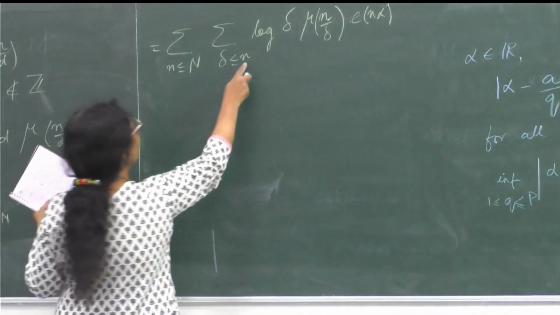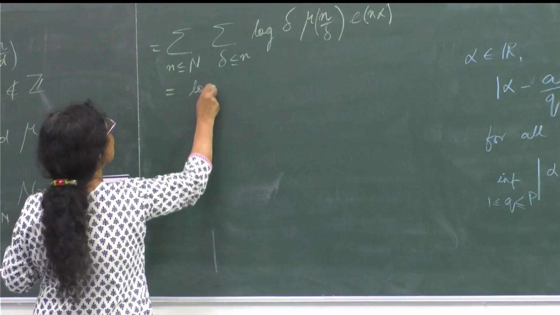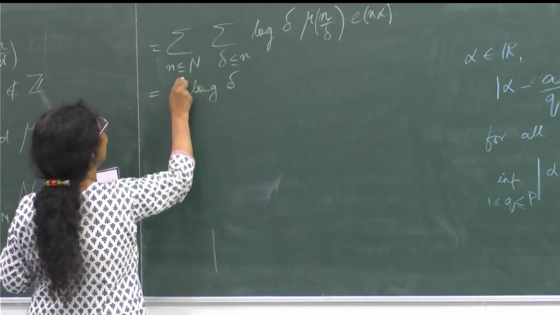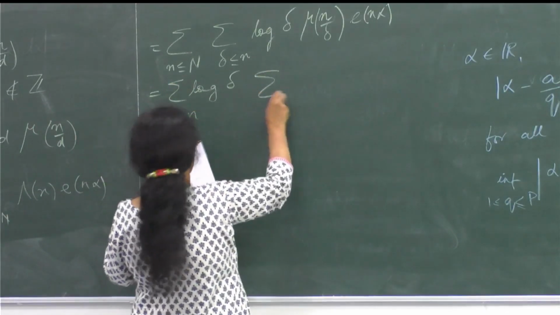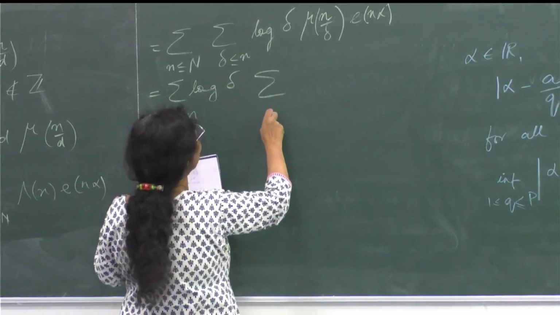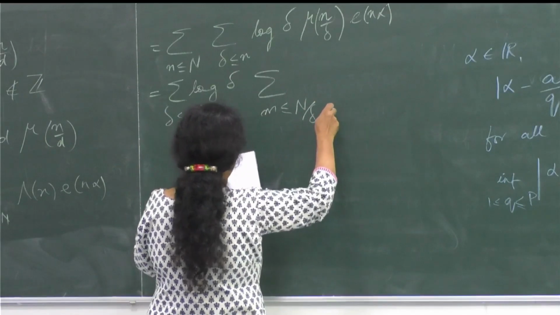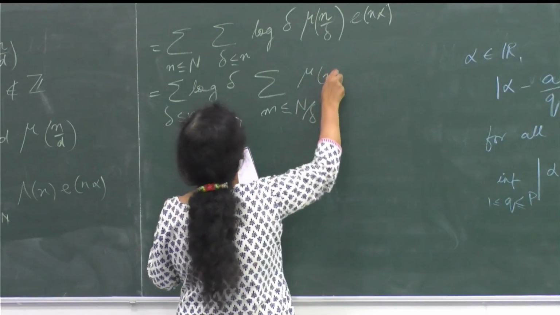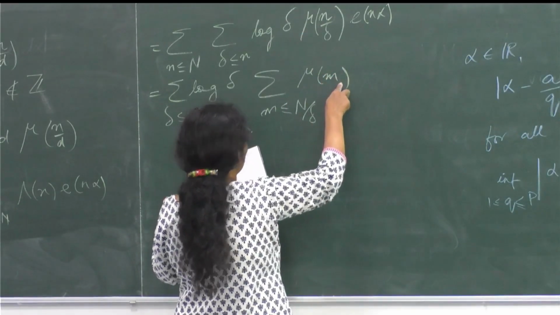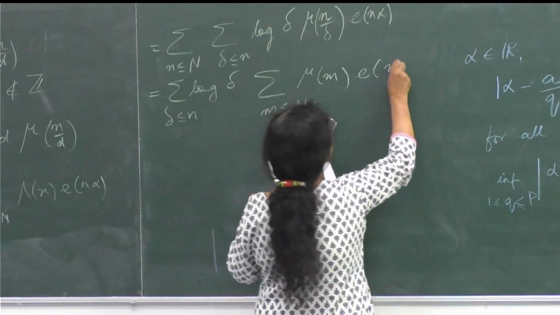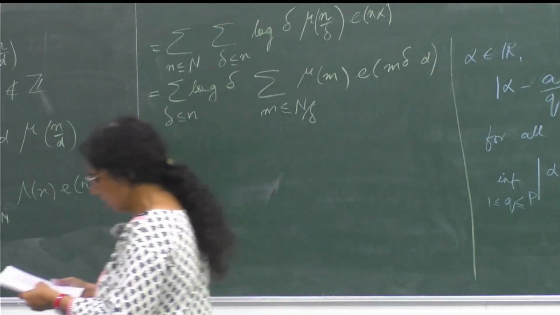Okay, so separate this out. Log delta can go out, and log delta less than or equal to n, then something else, sum n less than or equal to n by delta, and mu of n, this mu of n, exponential n delta I. Okay.